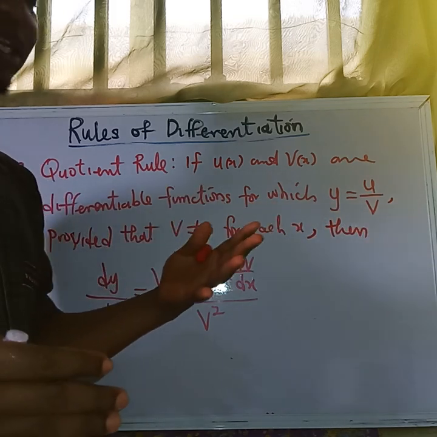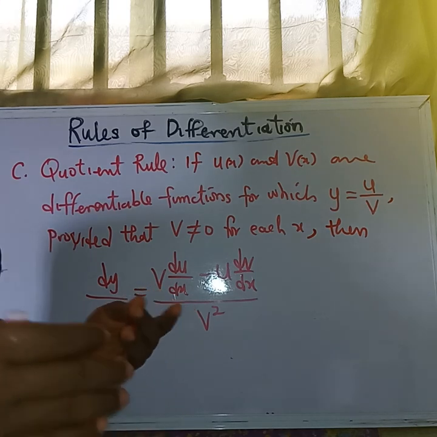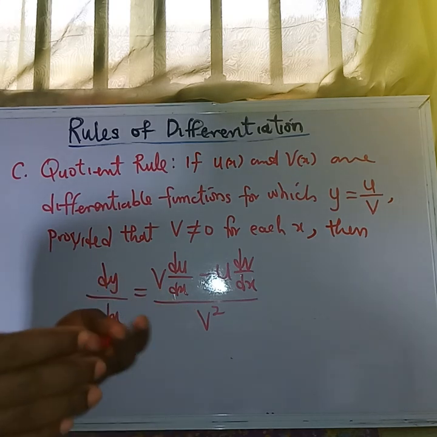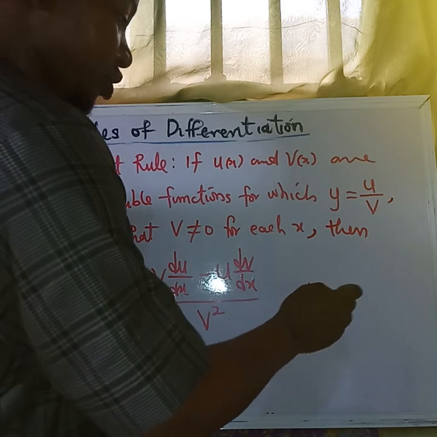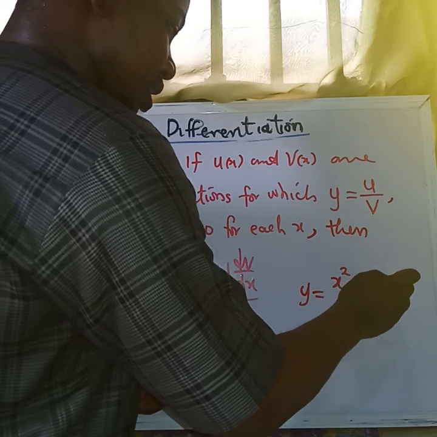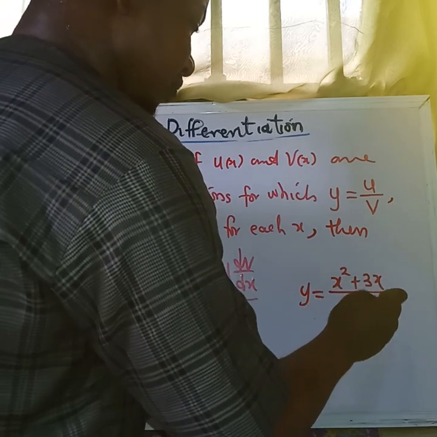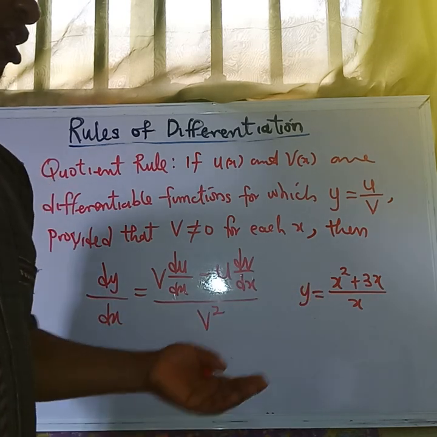Though not every time can one use the quotient rule, because there are some functions which do not require it. For example, if you are given a function of the form x squared plus 3x over x, a function like this does not require the quotient rule.